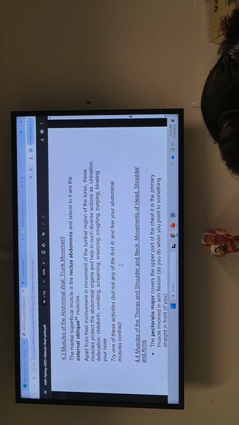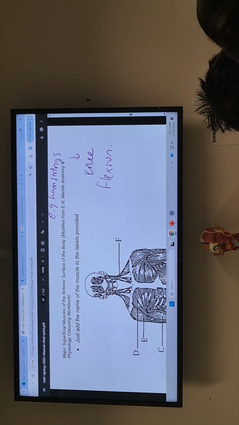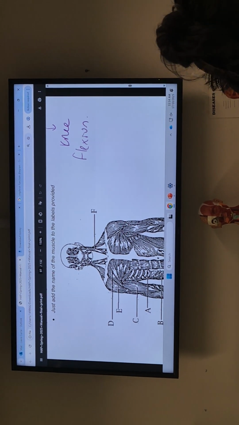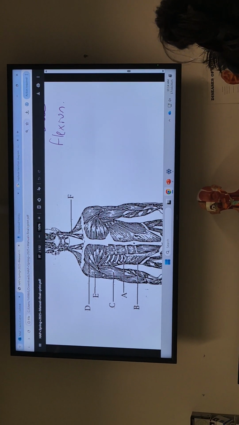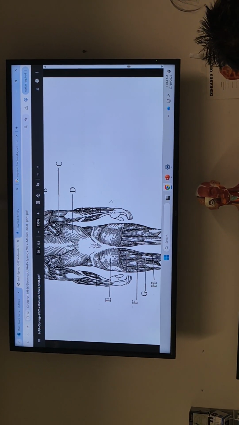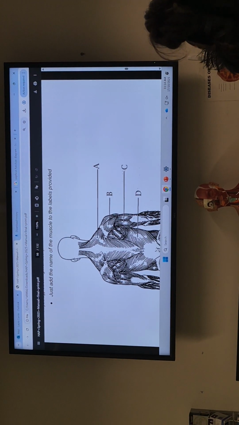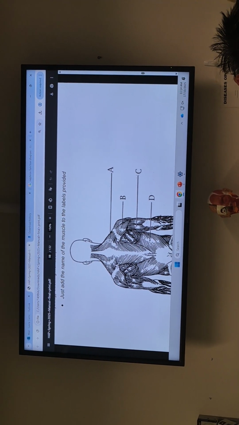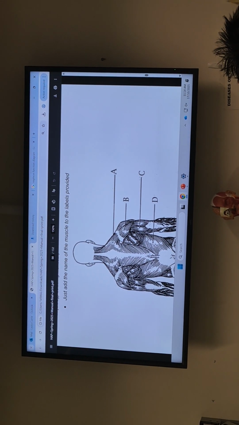But just draw these two diagrams down here: one from the anterior view and one from the posterior view. An easy way to label this is to clearly distinguish the different landmarks.